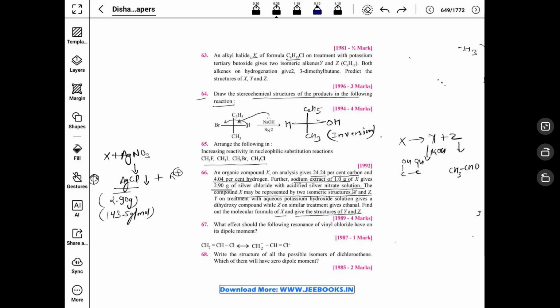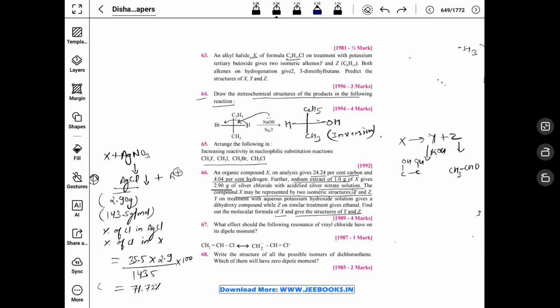So we have to calculate the percentage of chlorine in silver chloride, and it will give the percentage of chlorine in compound X. So 35.5 is the atomic weight of chlorine, multiplied by 2.9 gram, divided by the molecular weight, then multiplied by 100.